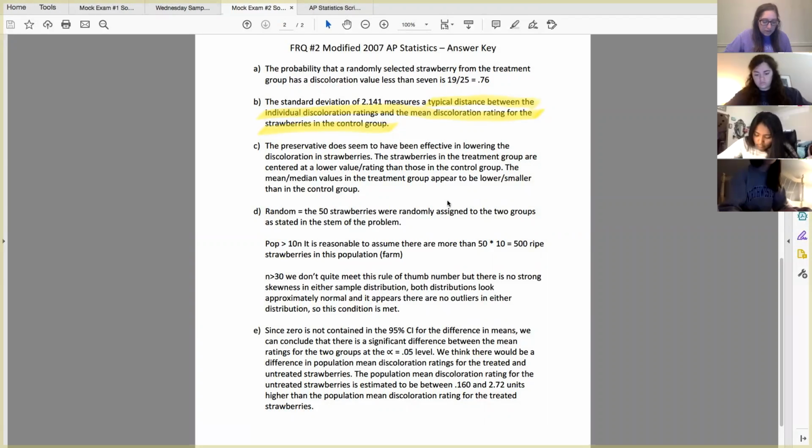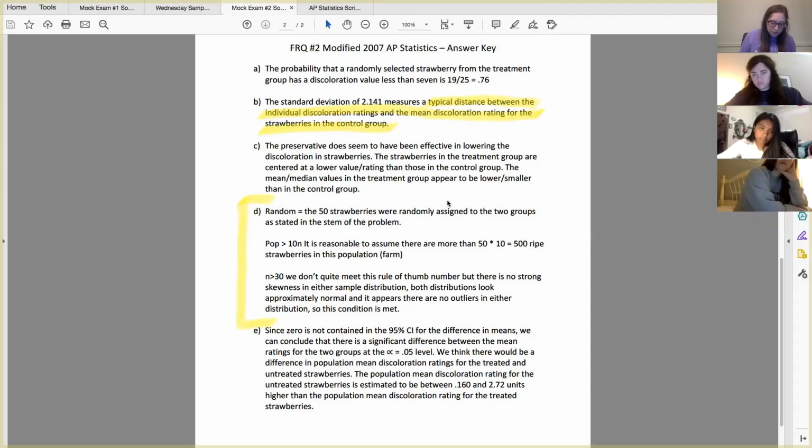But standard deviation is always just your average distance from the mean, your deviation from the mean.